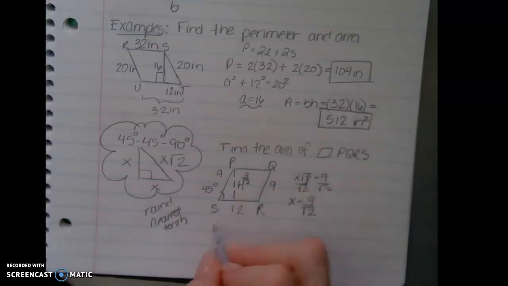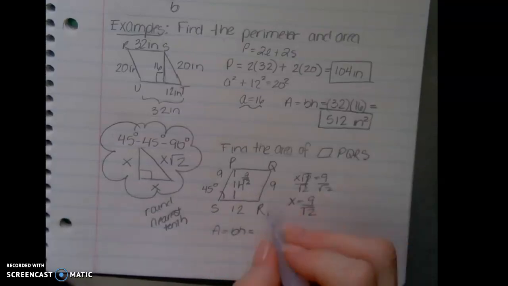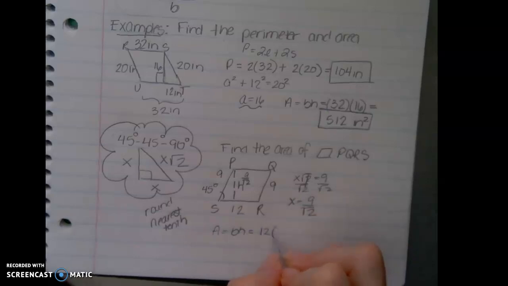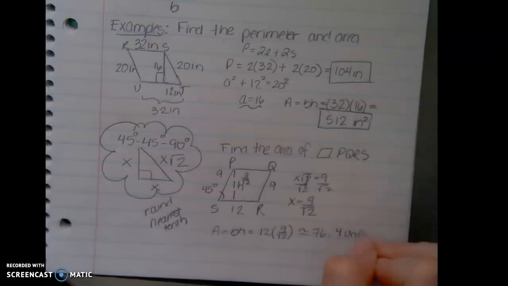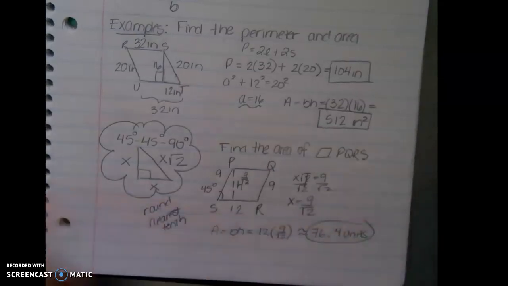Anyway, so now I'm going to find the area, base times height, which is 12 times 9 over radical 2, and that is approximately 76.4 units. Hopefully there are no questions on that.